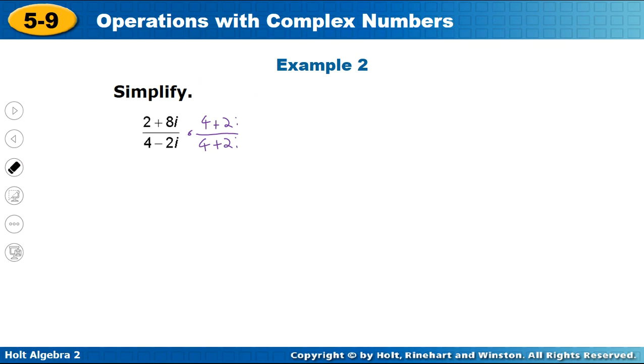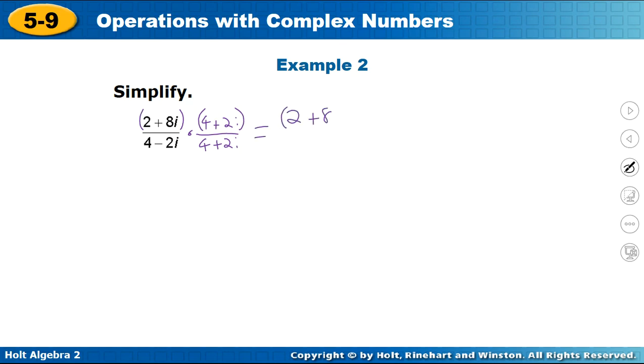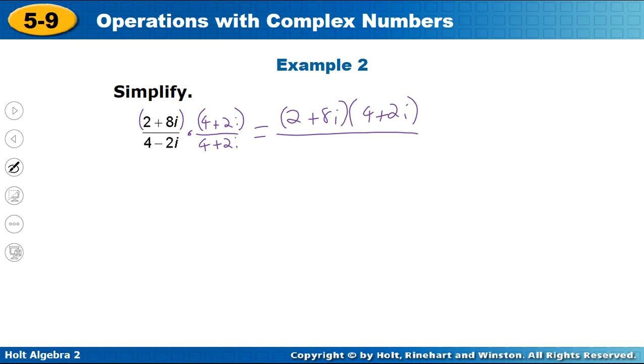Let me trace that. So again, these are groups. The numerator is really something I'm going to be foiling. Let me write it out and then I'll foil it as well. So it's 2 plus 8i times 4 plus 2i. Over the same thing in the denominator, which I will also be foiling.